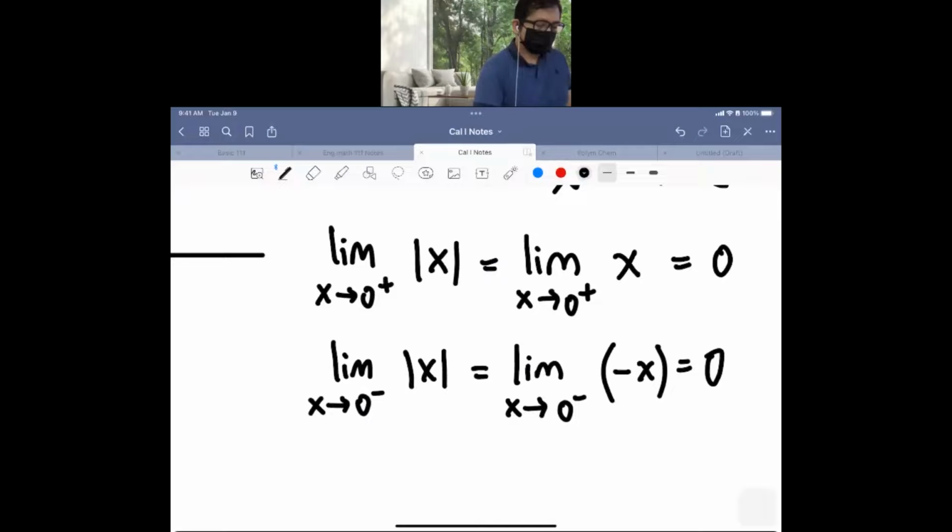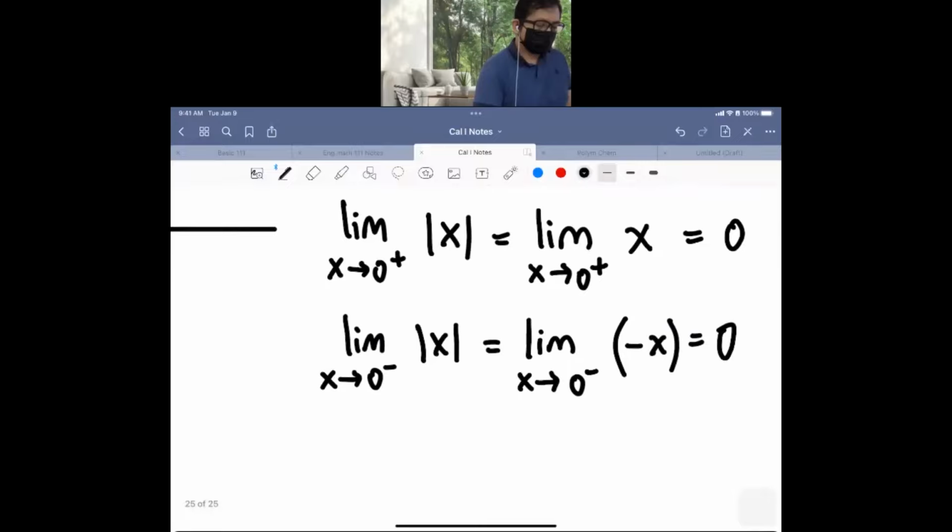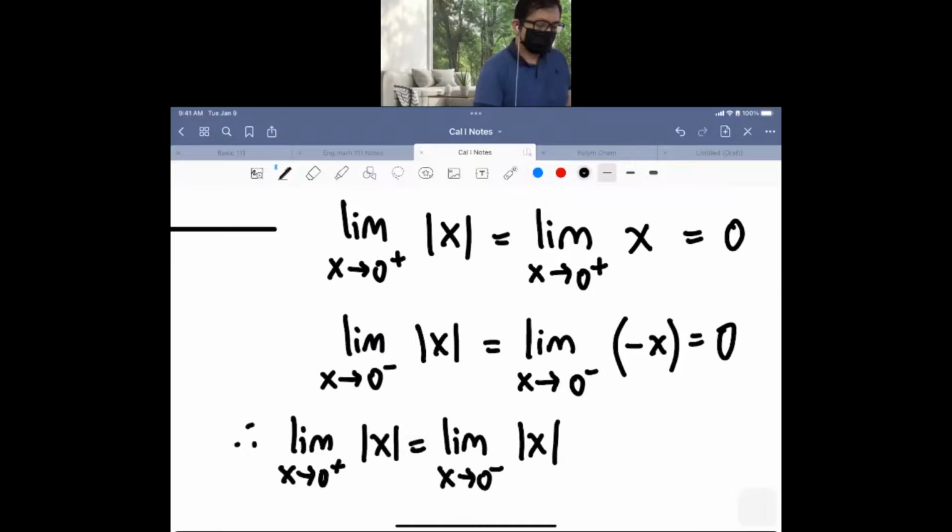And then remember the property of limit: we can say the limit exists if the limit from the left is the same as the limit from the right. So we can say it exists. So conclusion, limit from the right is equal to limit from the left is equal to 0.